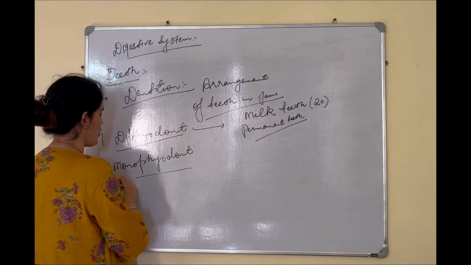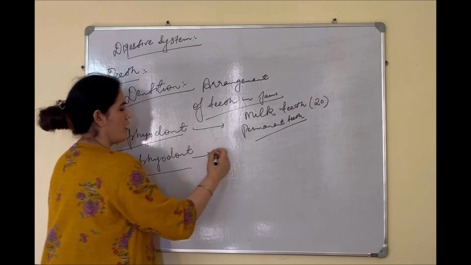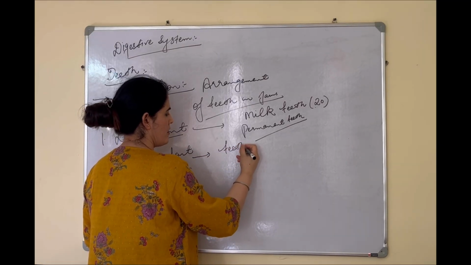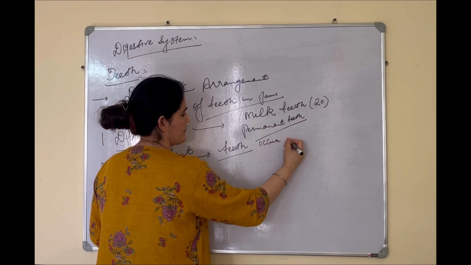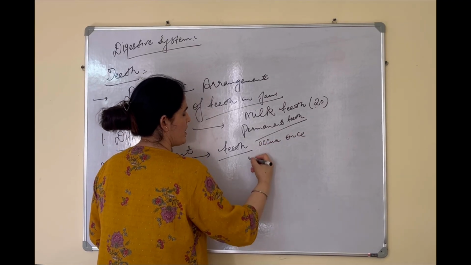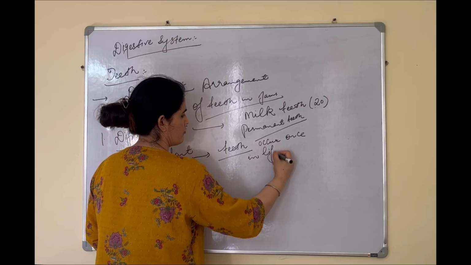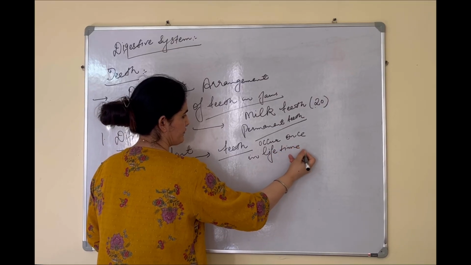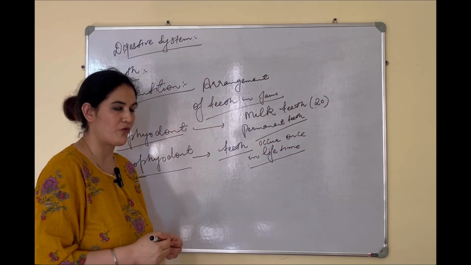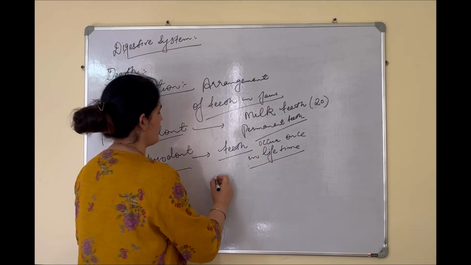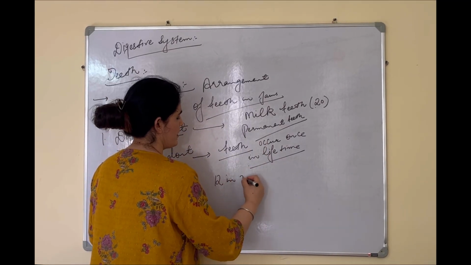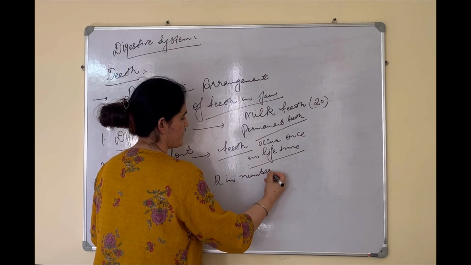And monophyodont type of dentition is these teeth, they just occur once in lifetime. Okay, once they grow in your gums, they will remain there forever. And they are 12 in number.